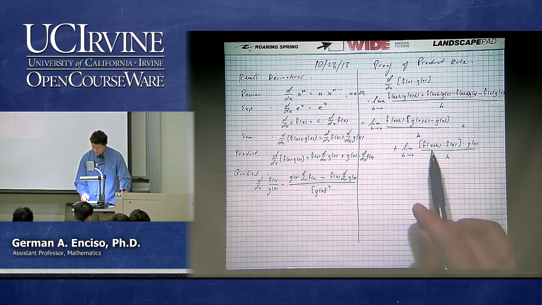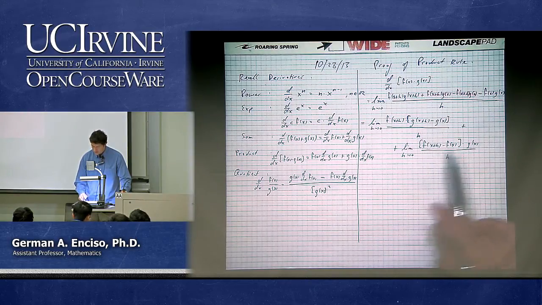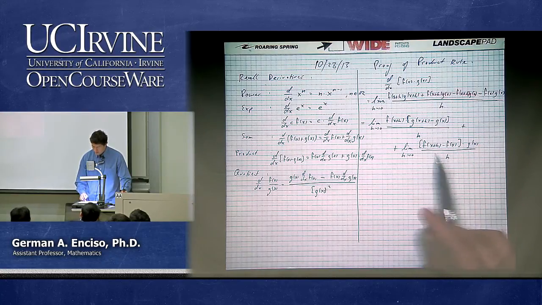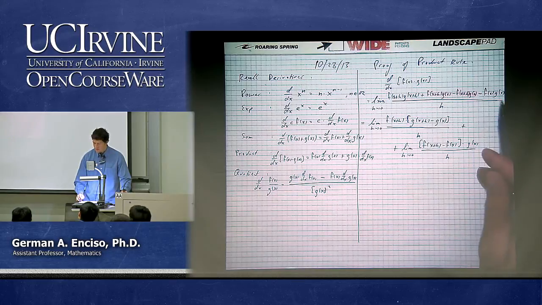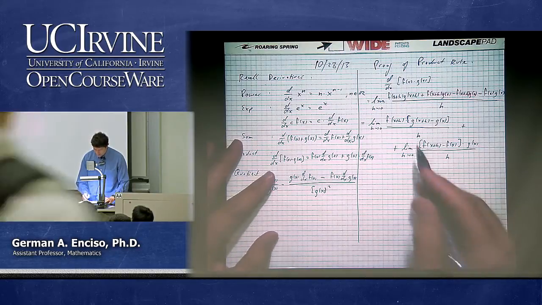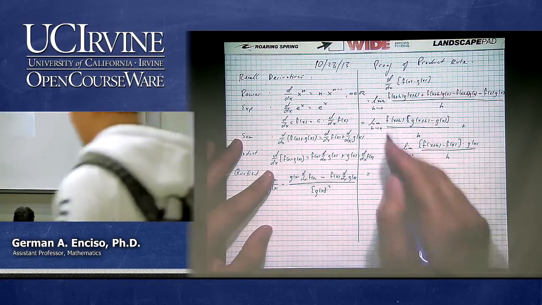Okay, plus the limit of f of x plus h times g of x, which is here, minus f of x times g of x, which is down here. Okay, there you go. And of course, each of these things has a limit.